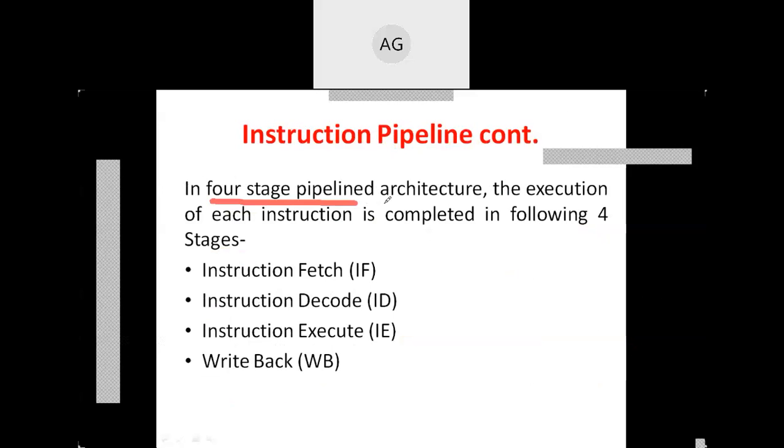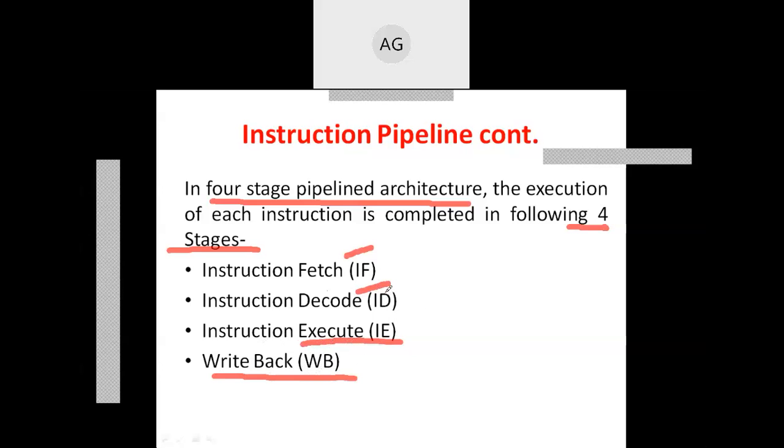In the four stage pipeline architecture, the execution of each instruction is completed in the following four stages. In the case of the instruction pipeline, four stages are there, and these stages are fixed. First we need to fetch the instruction from memory, then we need to decode the fetched instruction, third we need to execute the instruction which is decoded in the second step, and in the fourth step we need to write back the result which we get in the third step to the memory.